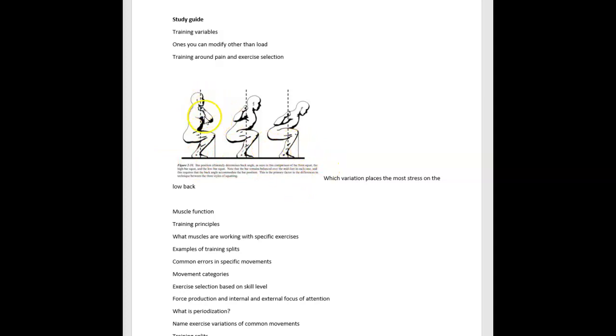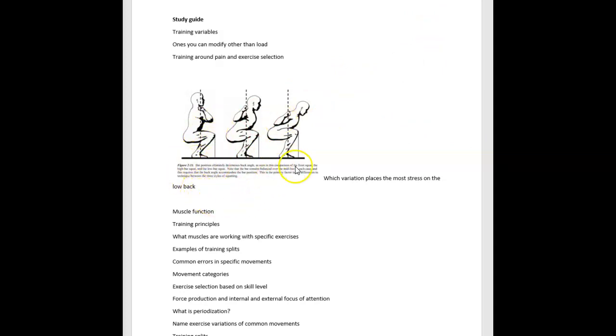If you look at the one all the way on the left, that's the front squat. That's got the biggest distance between where that load actually is and where the knee joint is. So that one has the biggest external moment arm at the knee, which means it's going to place the most stress on the quads. So when you do something like a front squat, you're working your quads more.